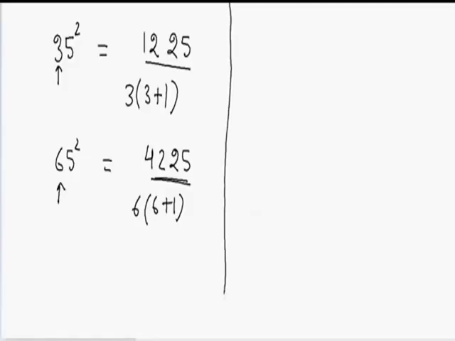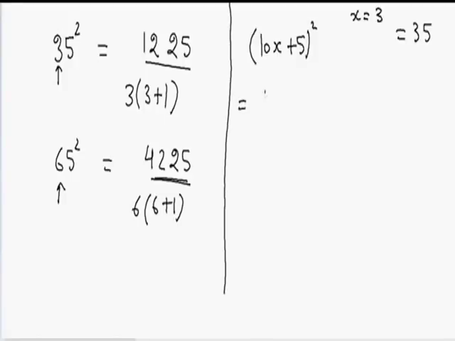Suppose we have any number which ends with 5. That number can be written as 10 into x plus 5. So if x is equal to 3, then this number will be equal to 35, right? So suppose we have 10x plus 5 and we want to do a square of it.